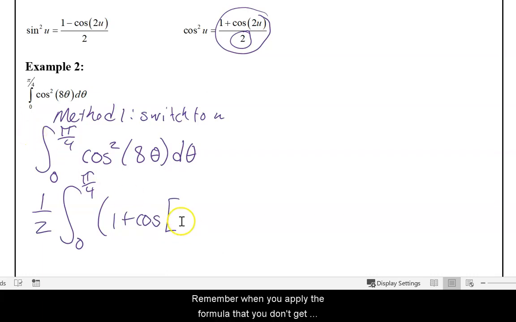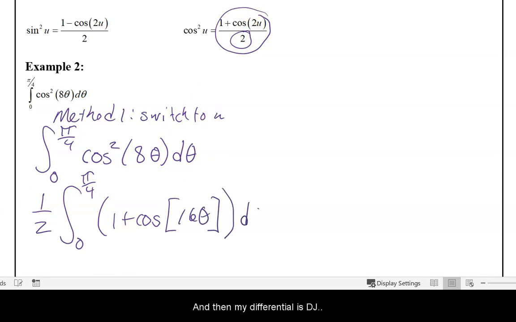Remember when you apply the formula that you don't get 2 theta, you get double whatever was originally there. Since it was originally 8 theta, when I double that, I should get 16 theta. And then my differential is d theta.